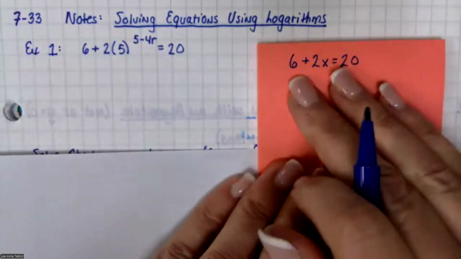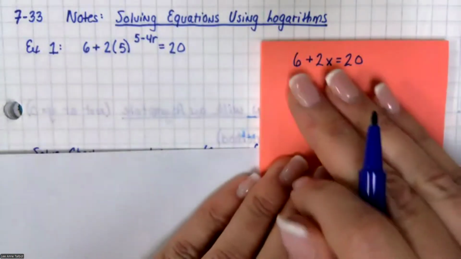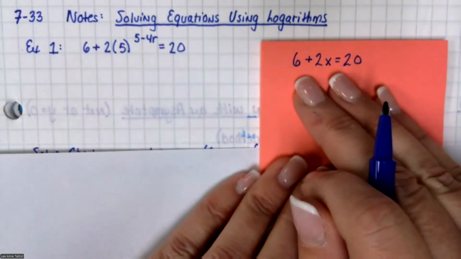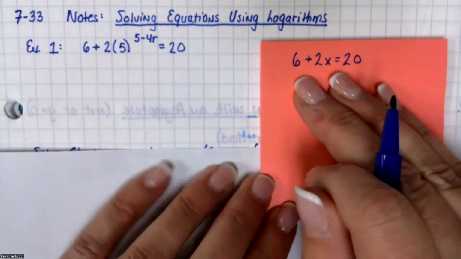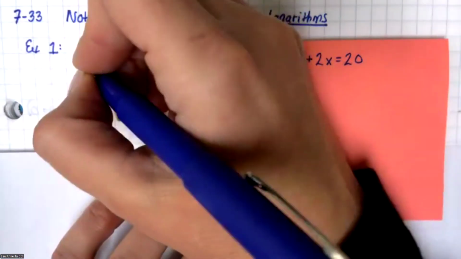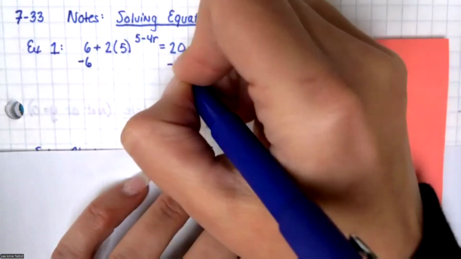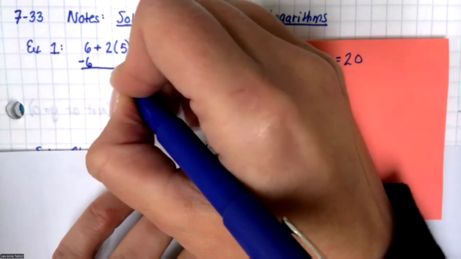Okay. So if this was my math problem, what would I do first? Subtract 6. Okay. So minus 6, minus 6.